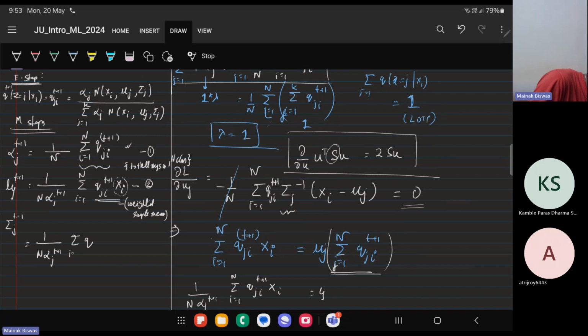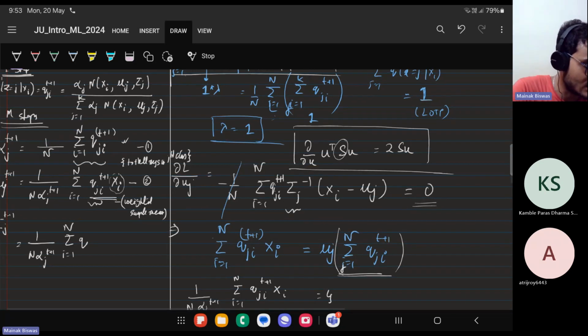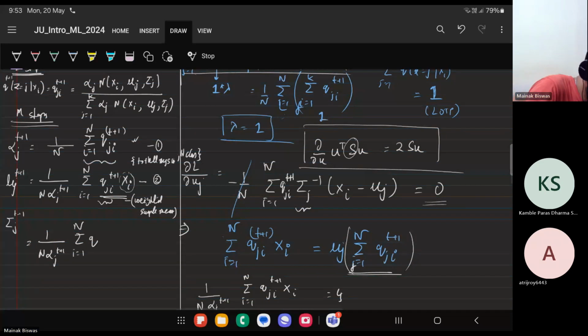The μ and Σ are the same as you would calculate in the case of a normal Gaussian, right? But which one you need to choose, that is told by q. Q is telling you which is near to which data point, which is more probable to be in that underlying distribution. That's the latent distribution that we had seen in the beginning, right?